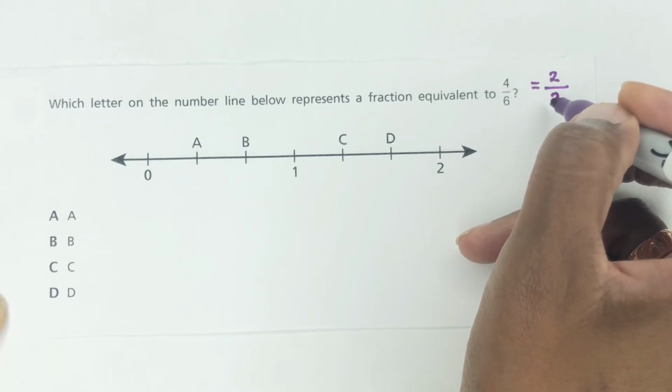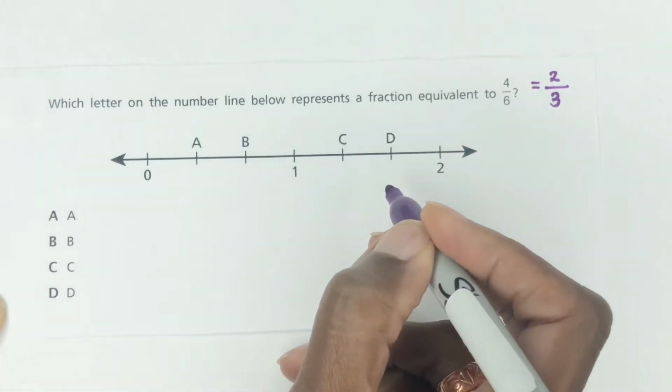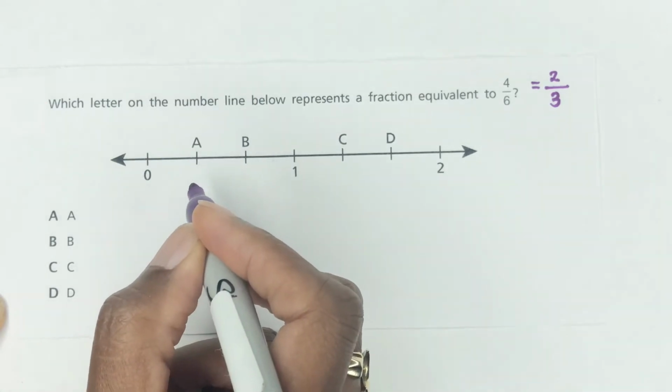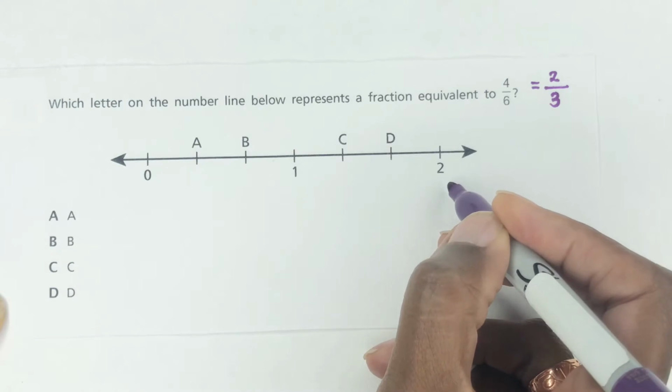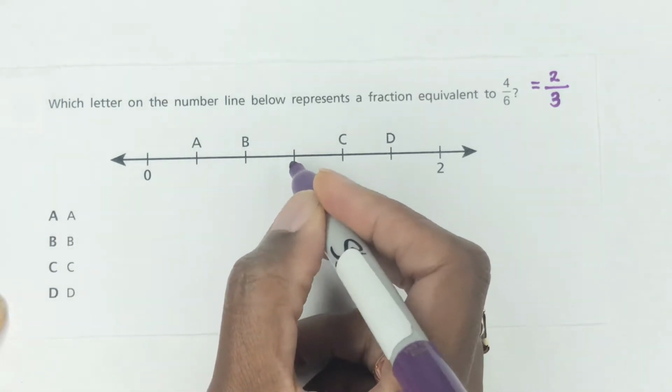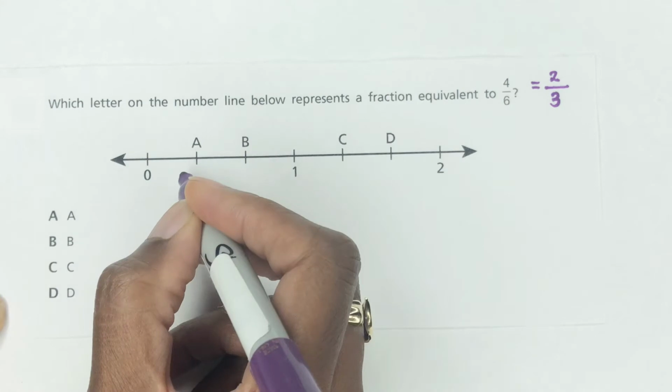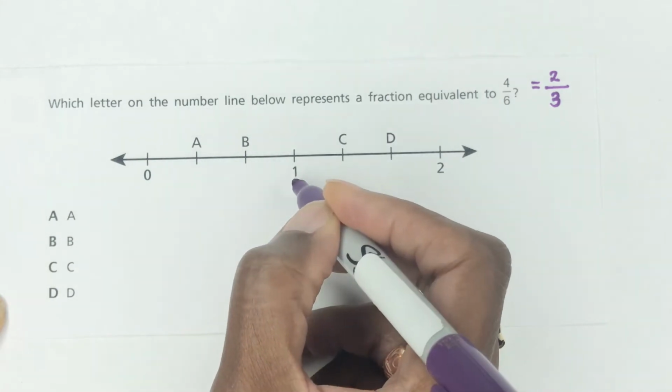So now we know what to look for after we name the points on the number line. Here we have A, B, then we have 1, C, D, and then you have 2. The best thing to do here is to count until you get to the whole number. So you have 1, 2 points before you get to the whole number.